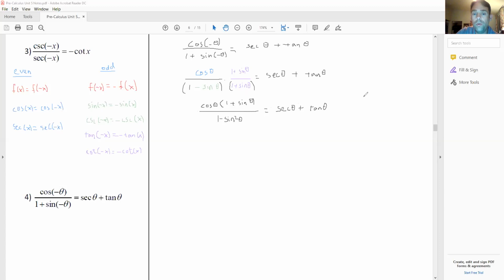Never want to neglect anytime we see ourselves with some Pythagorean identities here. So let's go ahead and deal with this sine squared now. Sine squared plus cosine squared equals 1. So if we get the cosine squared by itself, that's equal to 1 minus sine squared theta.